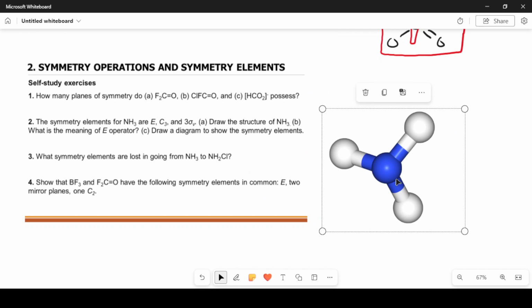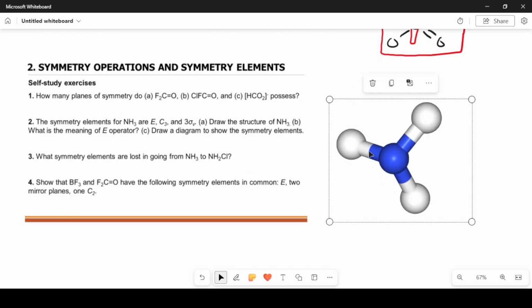Remember, it is not planar. It is not planar, guys. It is trigonal pyramidal.